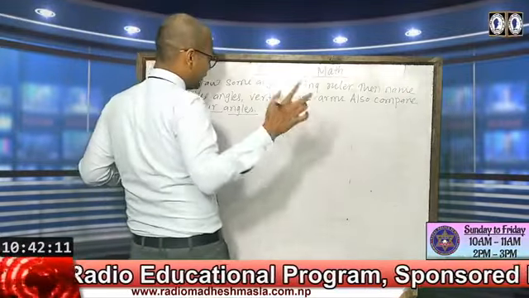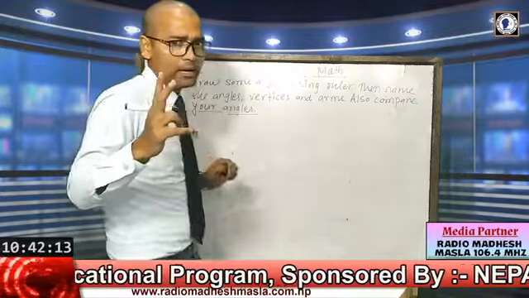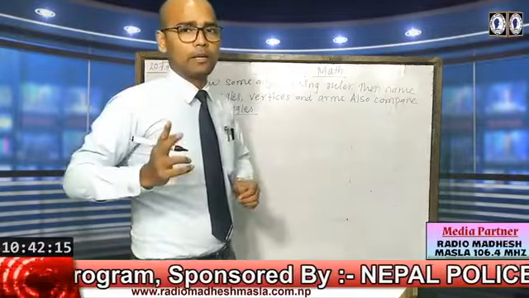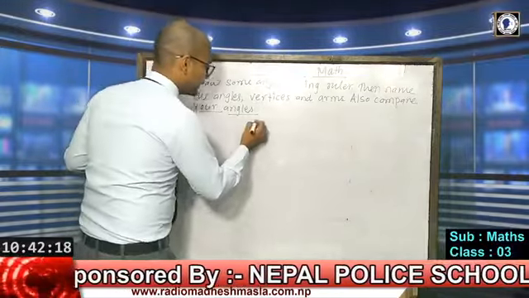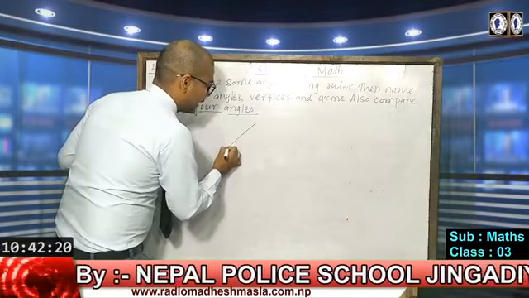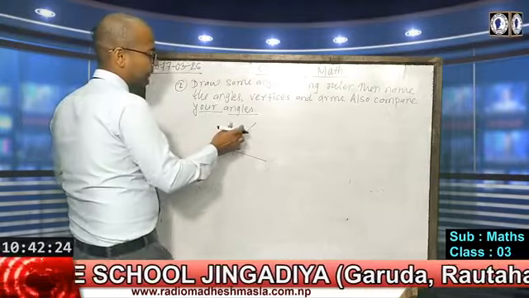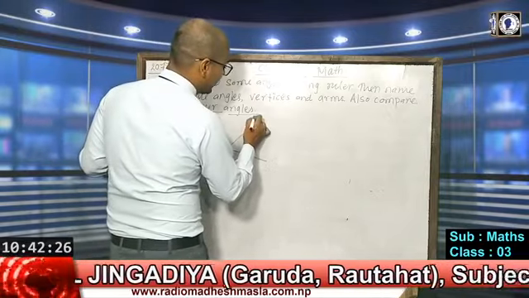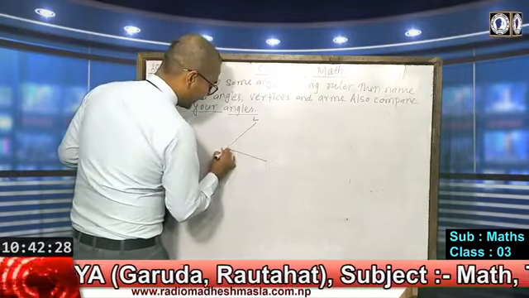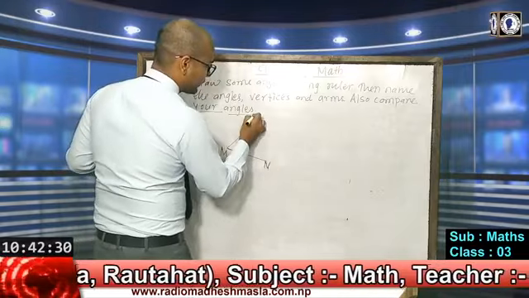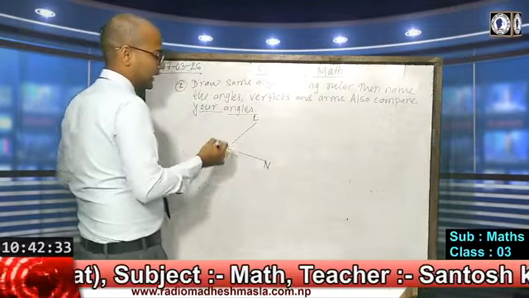So let's draw any two angles in your copy with me. Suppose I draw one big angle, named L, M, N. I have given the vertices of the angle.